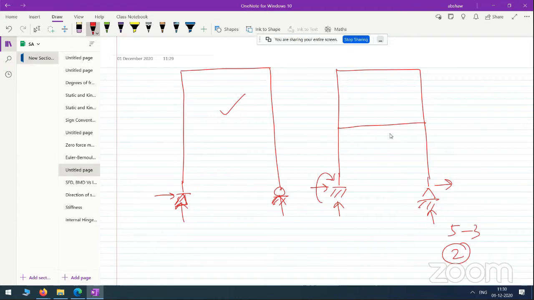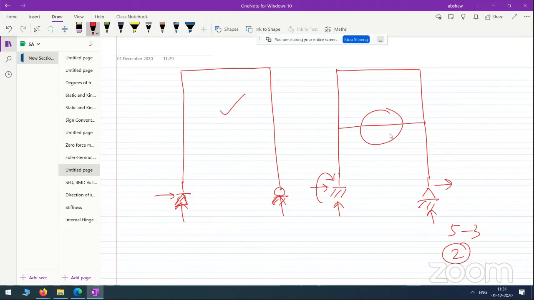And what are those unknowns? The member forces: the bending moment, shear force, axial force in this member. So we are adding more unknowns to the system, and therefore we need to have a sufficient number of equations, isn't it? So these additional unknowns which cannot be determined through the equilibrium equations also make your structure indeterminate.